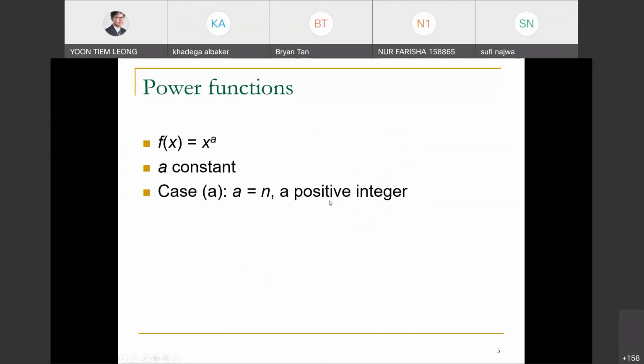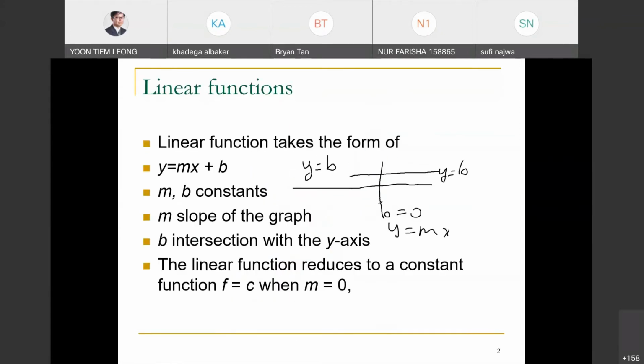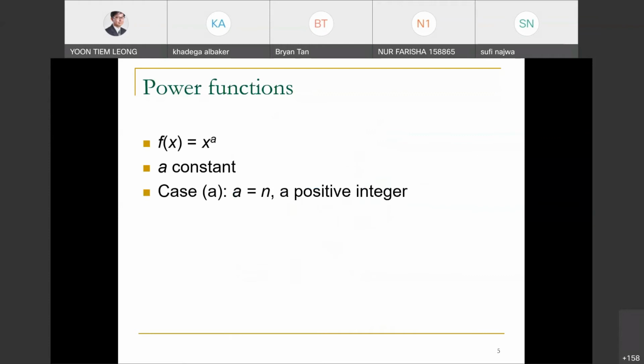We are going to go through a list of different types of functions. The first function is the linear function. Then we are also going to encounter a lot of what is called the power function, which is also very common. We are just repeating what the power function is; you should have seen this in your secondary school.